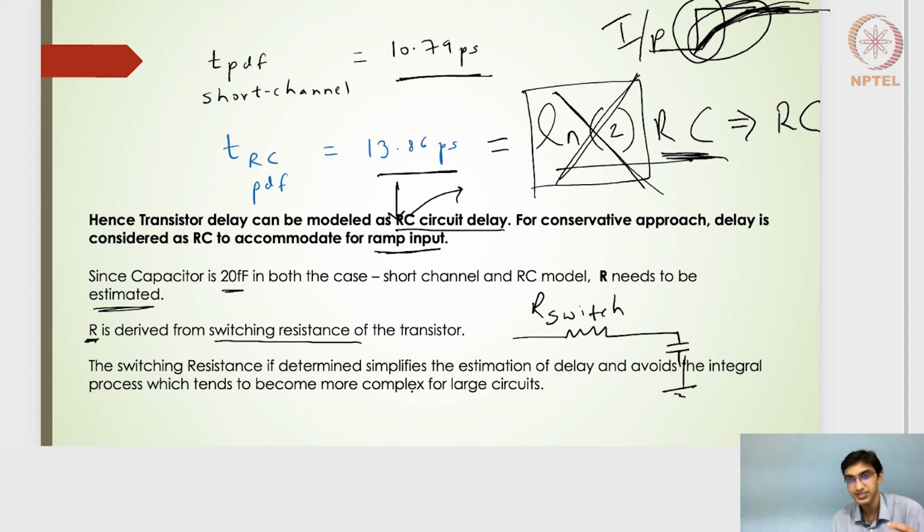Find out the switching resistance and use it along with the load, the equivalent capacitive load capacitances associated with the output node voltage. Use that, form an RC circuit, and then estimate the propagation delay falling or rising for that particular equivalent circuit, so as to make it a very simplified process.